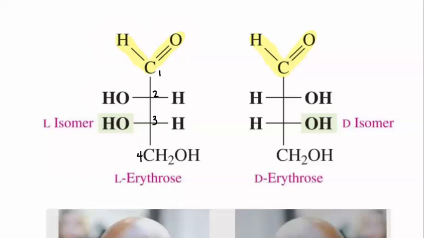If the OH is on the left side, then that is the L isomer. If the OH is on the right, if you know Spanish, it's on the derecha side of your monosaccharide, then that is the D isomer, okay?